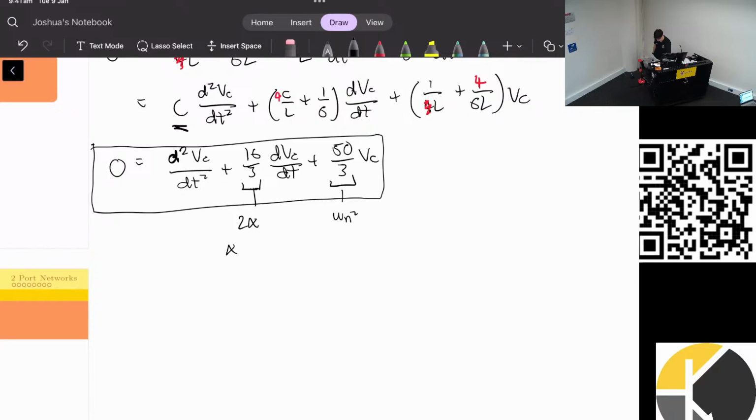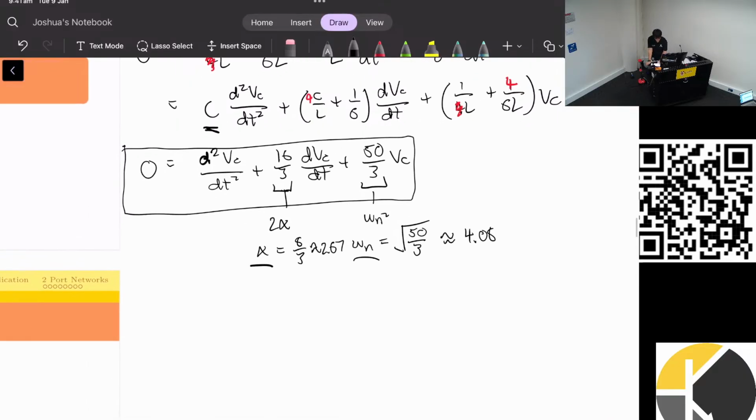So alpha would be 8 on 3, and omega n would be the square root of 50 on 3, which is roughly 4.08, and this 8 on 3 is roughly 2.67. Cool. So we'll note that alpha is smaller than omega n.